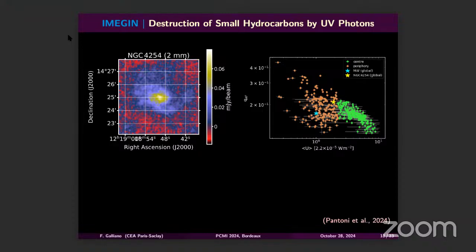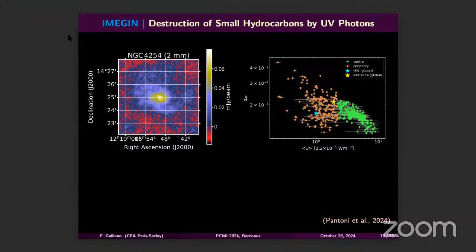So this axis, this QPAH, is the mass fraction of the small carbon grains that are responsible for the emission of the aromatic features, so the mid-infrared bands. And that's the intensity of the radiation field, so that's equivalent to an equilibrium temperature of the grains. And the fact that we have a trend, with some scatter, that decreases, is a trend that is quite well known.